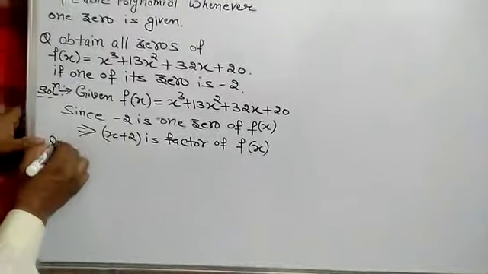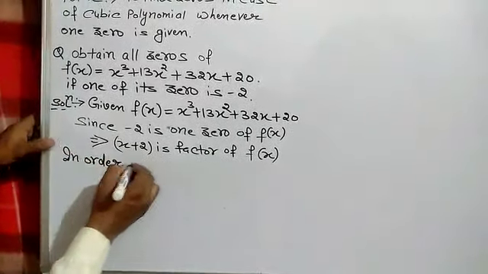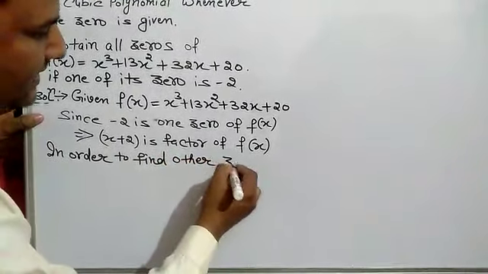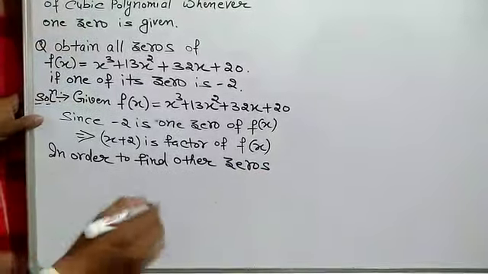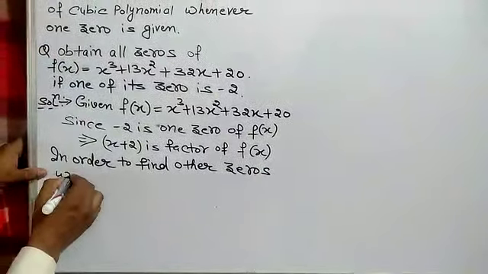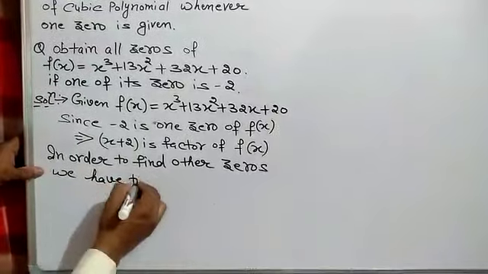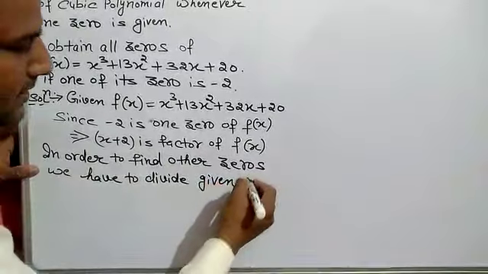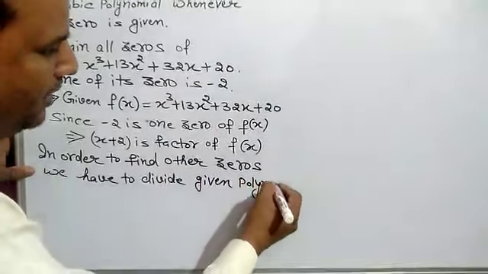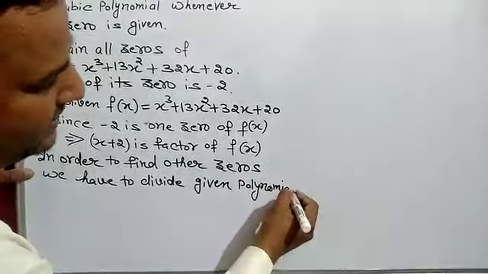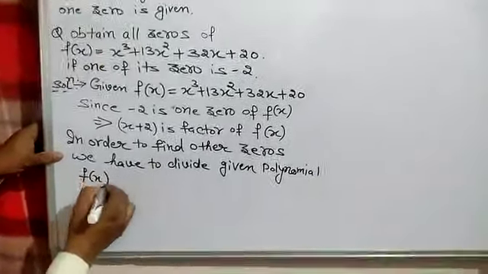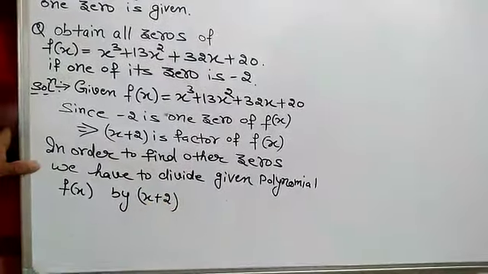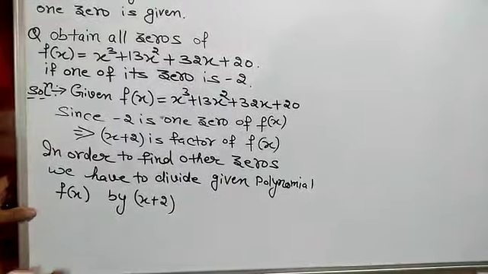In order to find other zeros, we have to divide the given polynomial, that is f of x, by x plus 2, that is your factor.